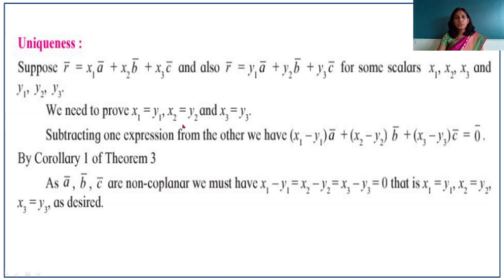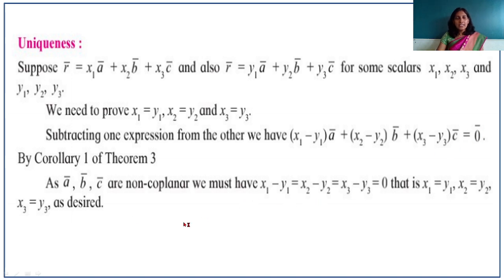Now we need to prove that x1 is equal to y1, x2 is equal to y2, and x3 is equal to y3. Now subtracting these two equations, what will we get? R bar minus R bar is 0, and (x1 minus y1) a bar plus (x2 minus y2) b bar plus (x3 minus y3) c bar is equal to 0 bar.